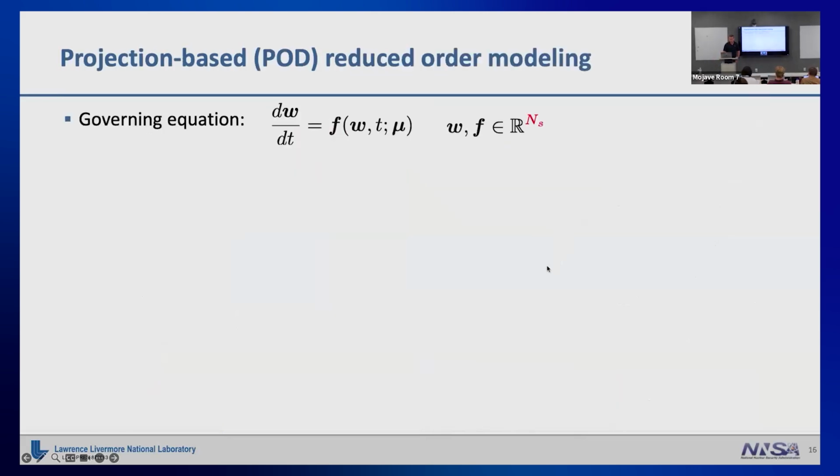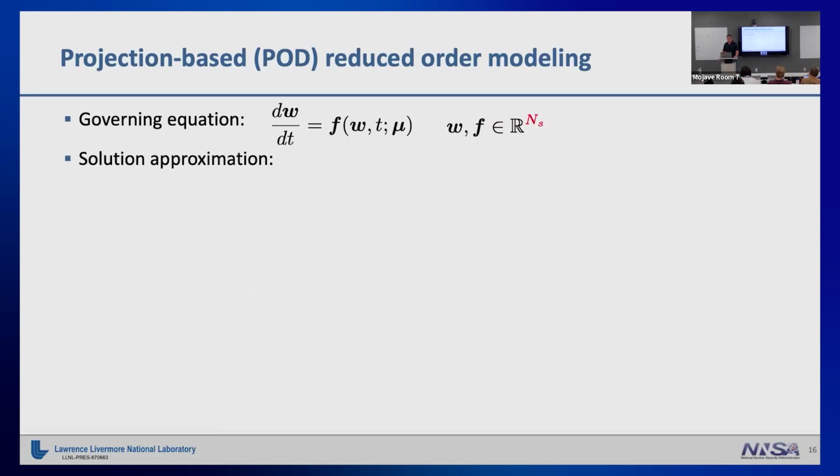So when we get our reduced subspace, we can set up a reduced equation in the following way. We take some governing equation like this one, where the right-hand side F is nonlinear.